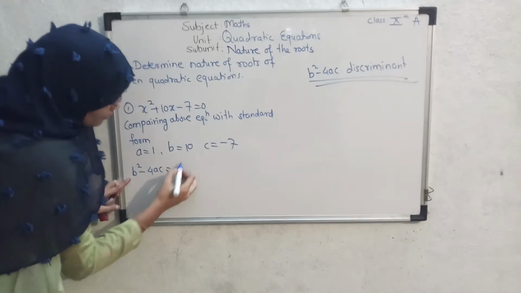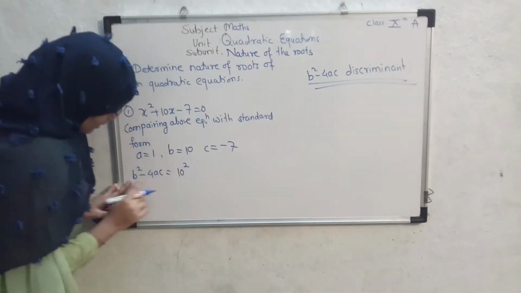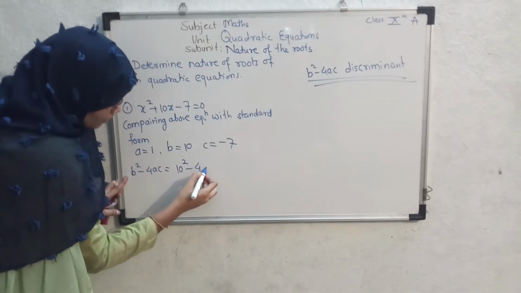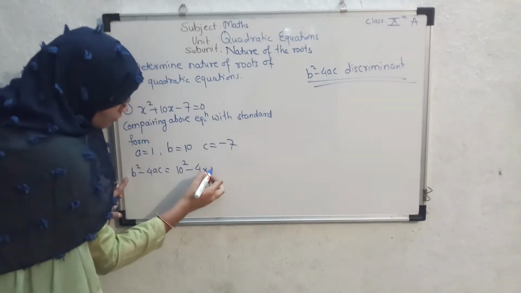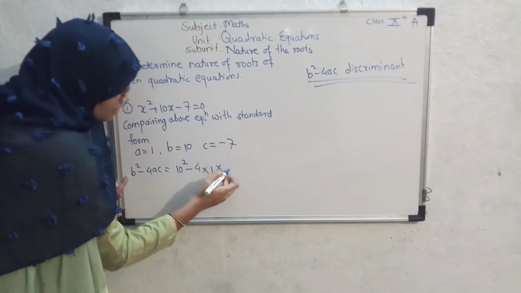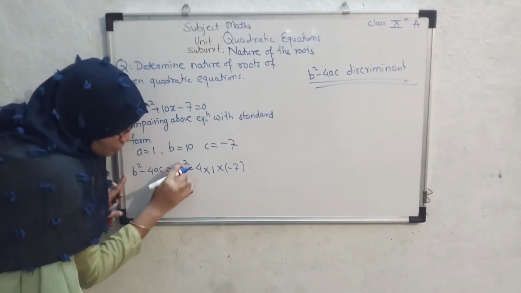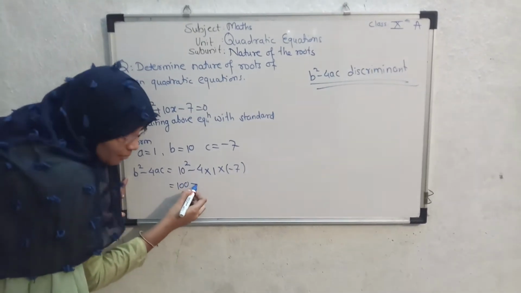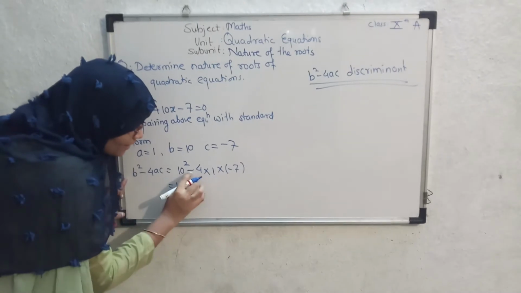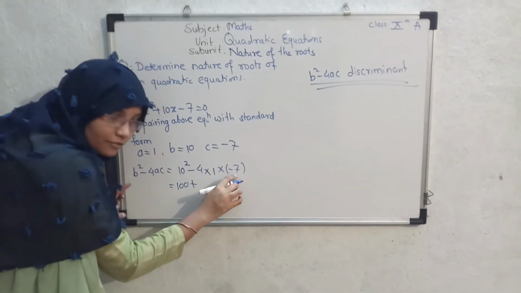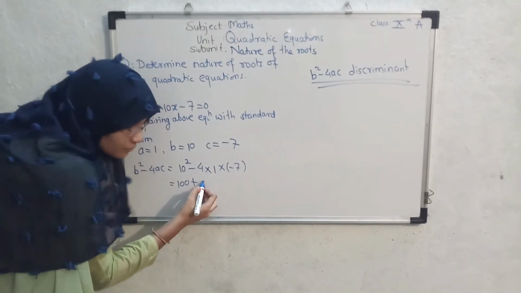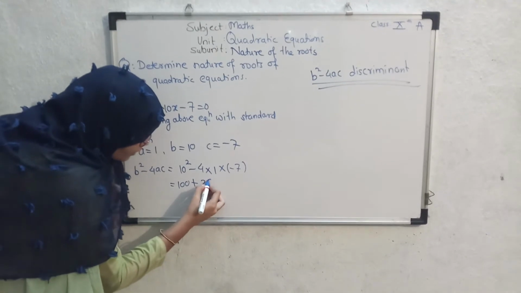What is b? 10. b square, 10 square, minus 4 into a, which is 1, into c, which is minus 7. Now solve this. 10 square is 100, minus 4 ones are 4, minus and minus make plus, 4 sevens are 28.